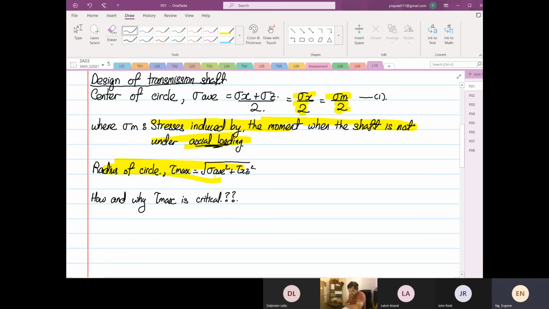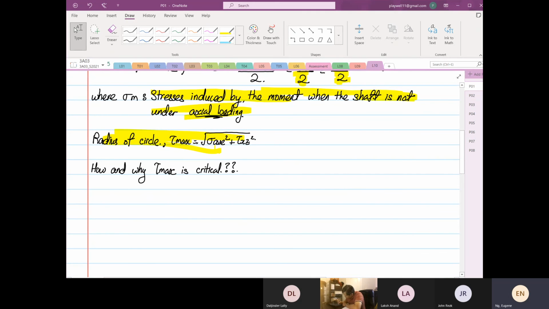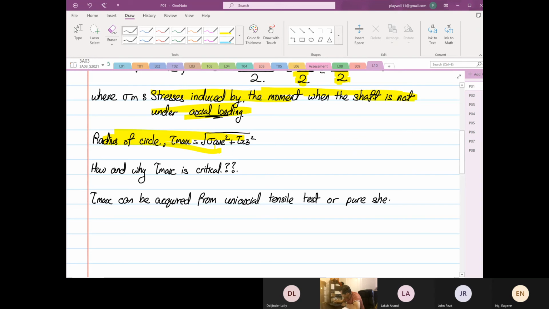So let's look at how first. Tau max can be acquired from a uniaxial tensile test or a pure shearing test.